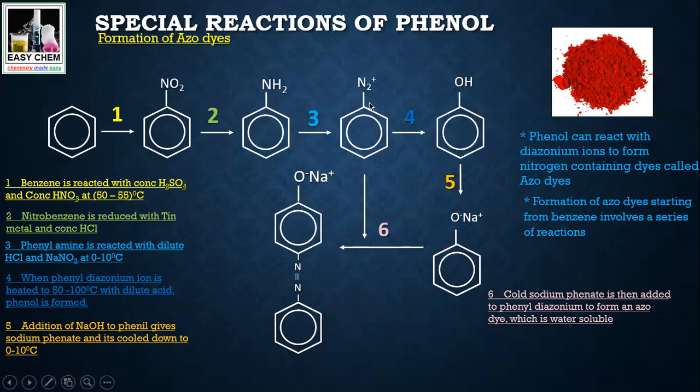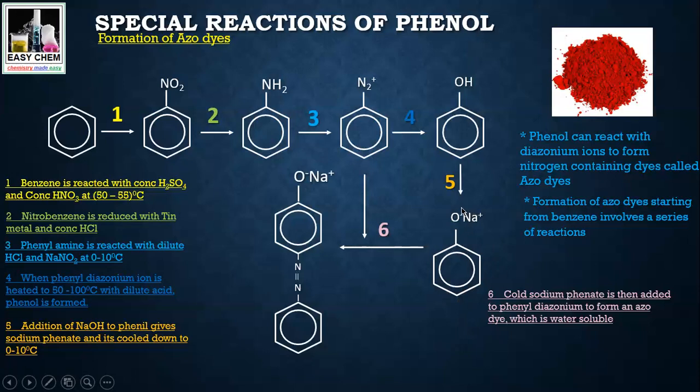However, remember, this N2 has a positive charge. Because it has a positive charge, we can consider that as an electrophile. So this electrophile is getting electrons from the aryl ring in sodium phenate at the 4th place. It can do this at the 2nd place and 6th place also.